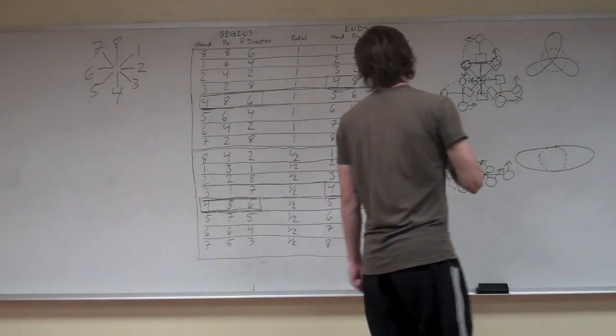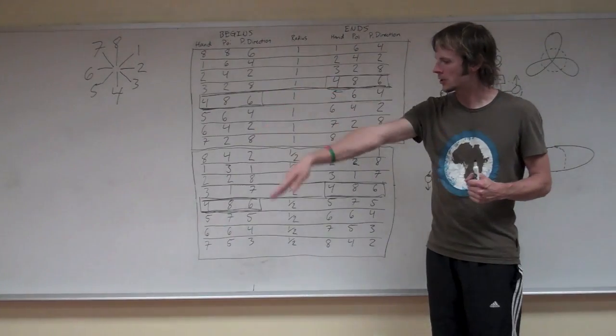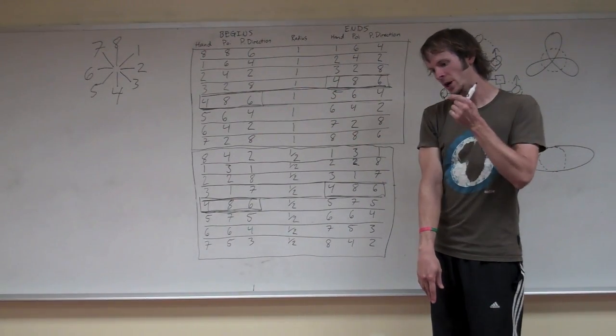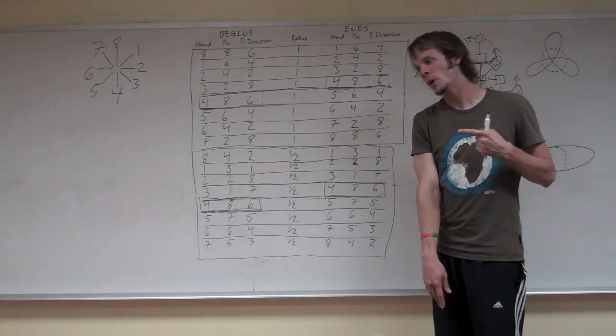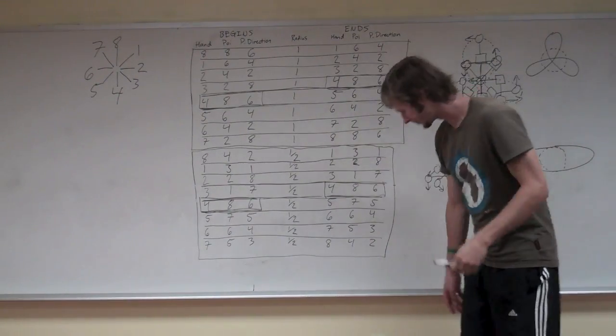What this tells us is that both of these patterns contain a moment at which the hand is pointed straight down from the circle, the poi is pointed straight up from the hand, and the poi is heading straight to our left.